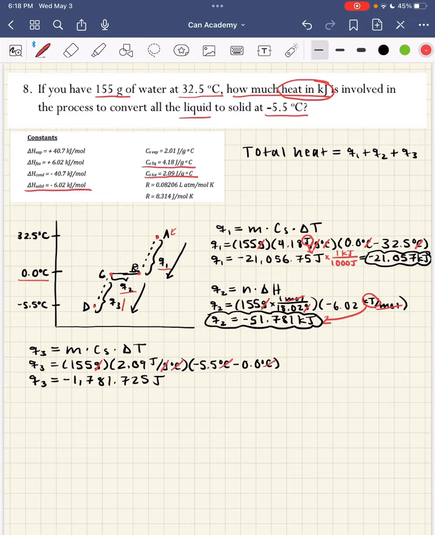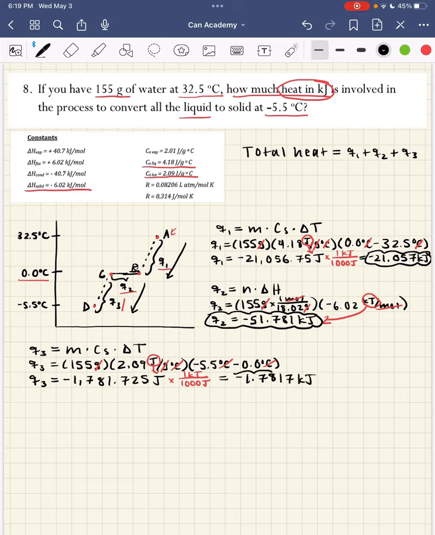Celsius cancels out with Celsius because this is all one. And then we're left with joules. But once again, we're going to have to convert this to kilojoules. So times 1 kilojoule over 1,000 joules. That leaves us with Q3 equaling negative 1.78, and then we'll round again, 17 kilojoules.